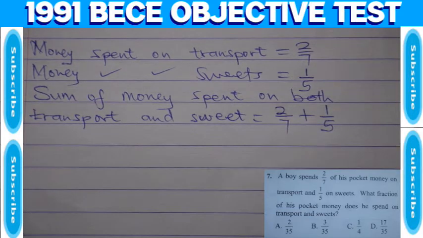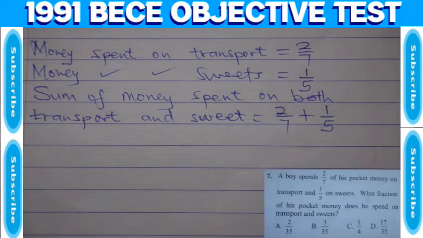Over here there are several ways to solve this particular question. Either you find the LCM or you use what we call the equivalent fraction method. For time's sake, let's find the LCM. That's the usual one that we use. The LCM of 7 and 5 will be 35. They are both prime numbers.